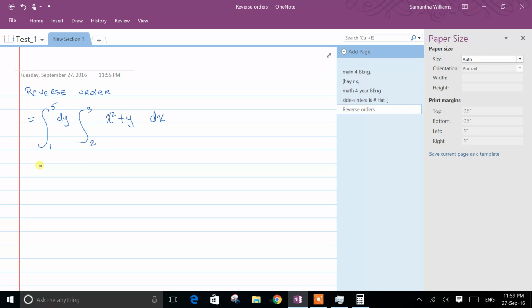So again, we're solving for this portion right here.